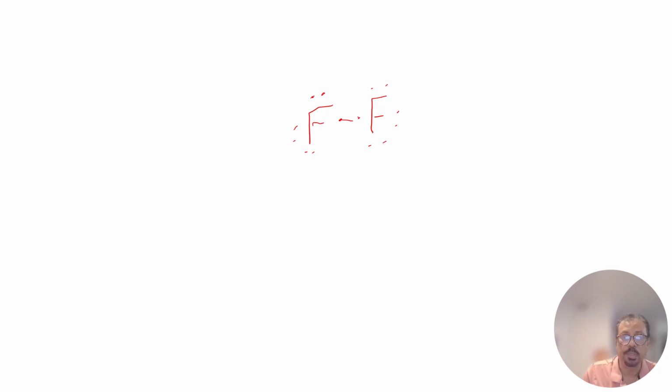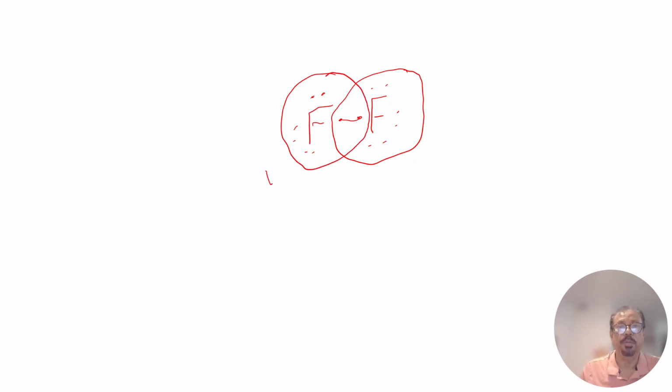So they're going to share the electron. Now we have a single bond. This fluorine has 8 electrons, and the other one has 8 electrons. So both of them are happy.